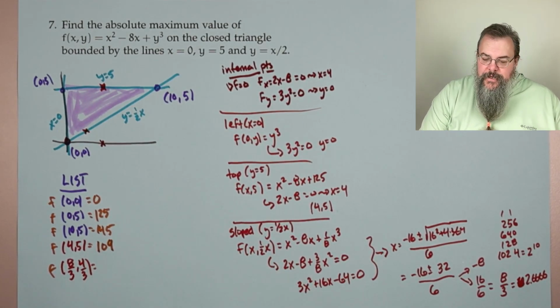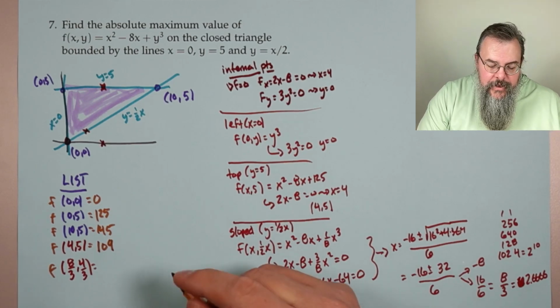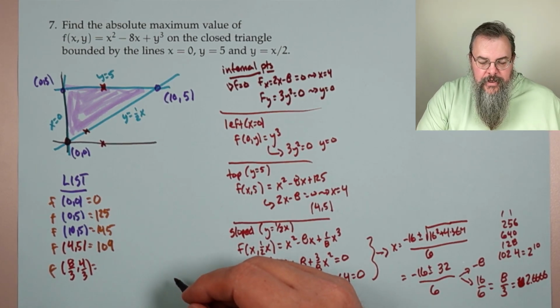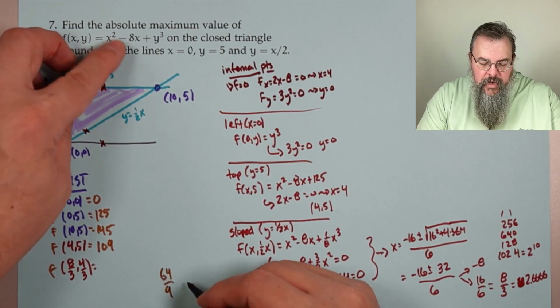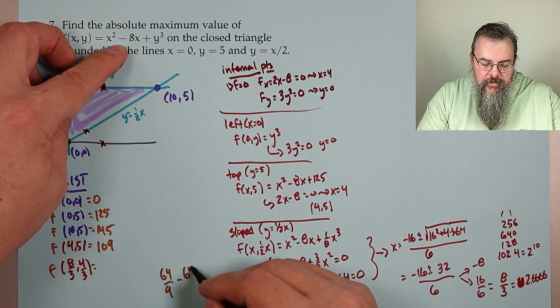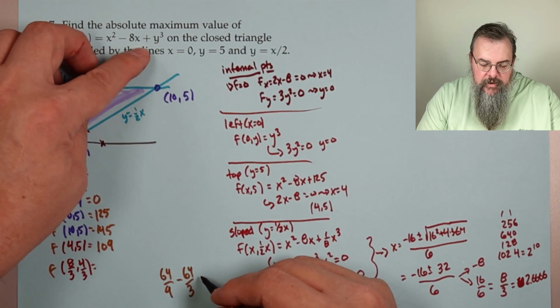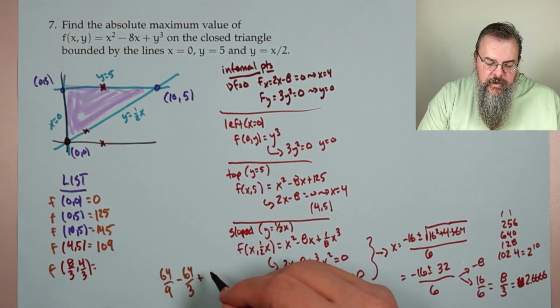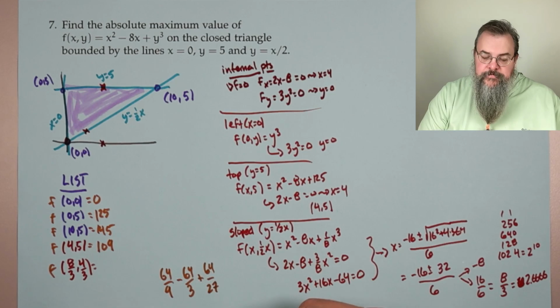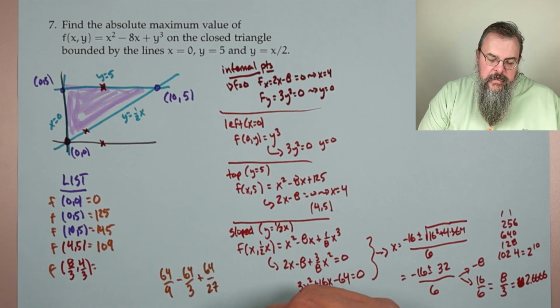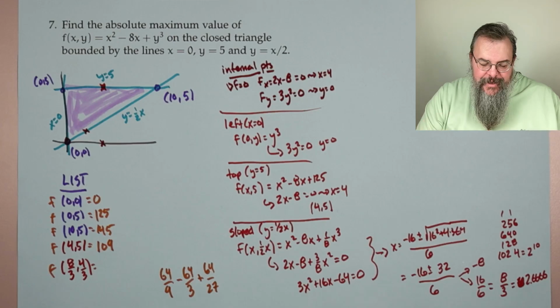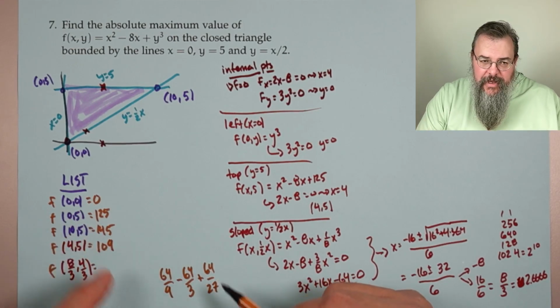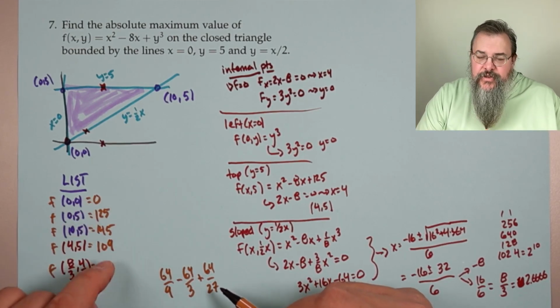Okay, well, you're going to end up with, well, 64 over 9 minus 64 over 3 plus 4 cubed. That's 64 over 27. And, well, okay, let's just estimate it. The real question is it anywhere close to that? And the answer is no.